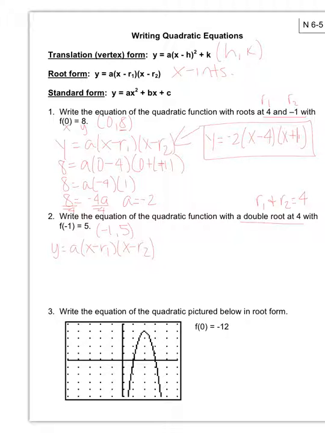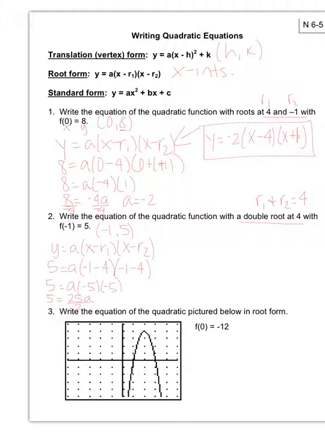And then we're going to find a. So y is 5. We don't know a. x is -1 minus r1, which is 4, and then -1 minus r2, which is also 4. So that's going to be -5 and -5. So when I multiply those together, that's going to give me 5 equals 25a.